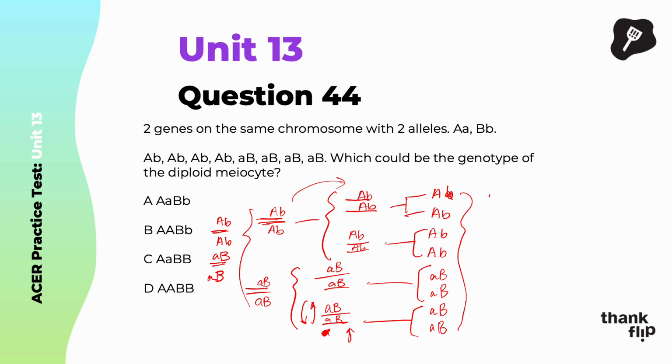But what's important is that we know there's a capital A, a lowercase b, a capital B, and a lowercase a as well. And in our answer options, only one of these actually matches that, and that's the answer A.